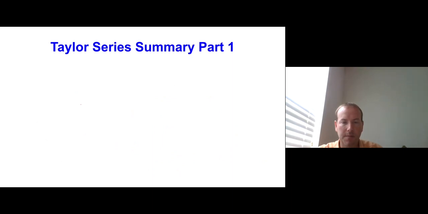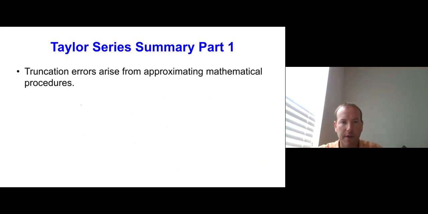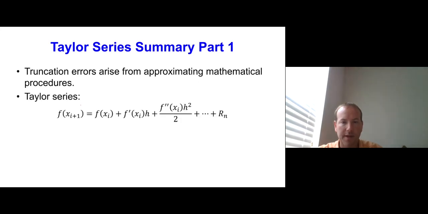So to summarize this section, we found that truncation errors arise from approximating mathematical procedures, that a Taylor series can be written to predict future values of a function, and that has a zero order term, first order term, second order term, and then higher order terms.